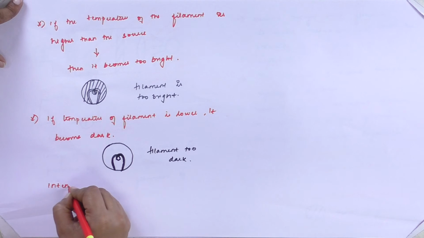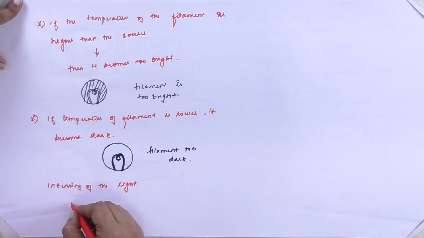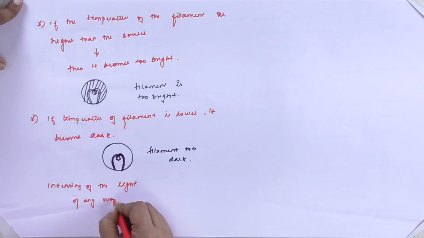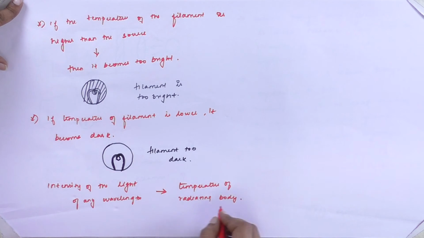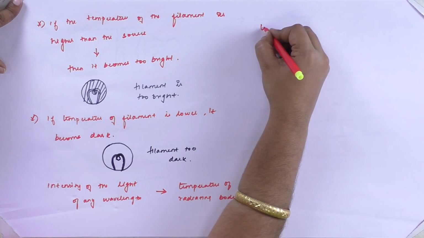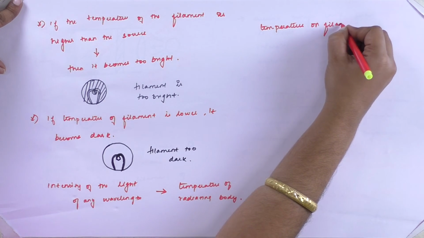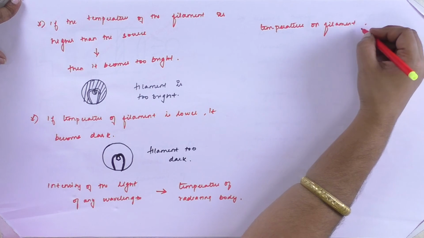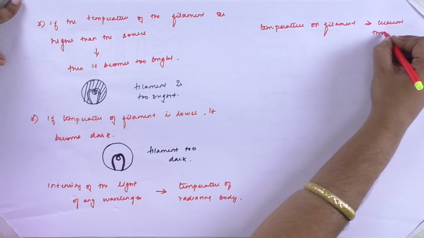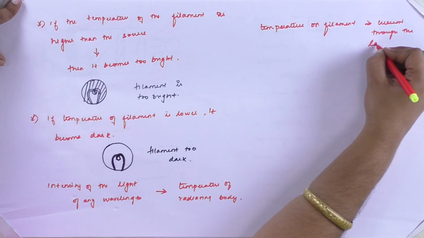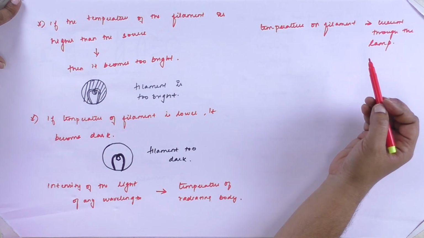So the intensity of the light of the radiating body of any wavelength depends on the temperature of the radiating body, and the temperature of the filament depends on the current flowing through the lamp filament.